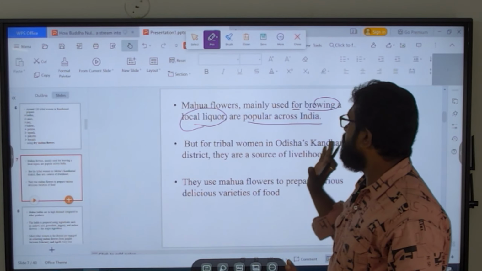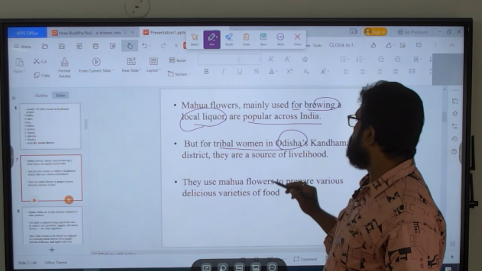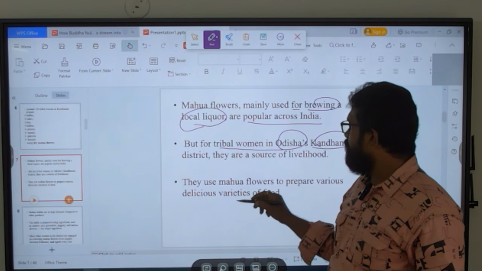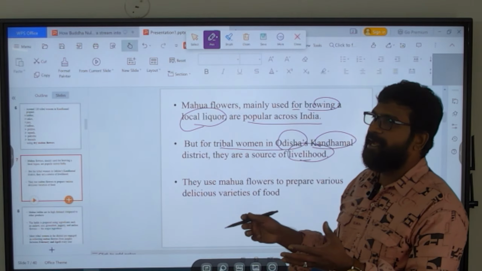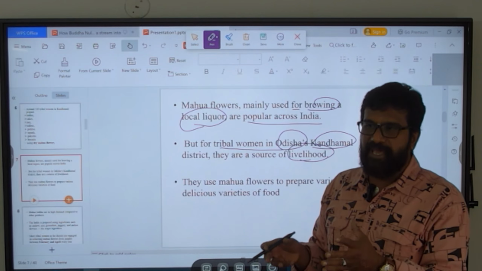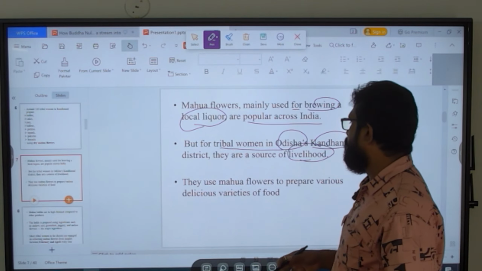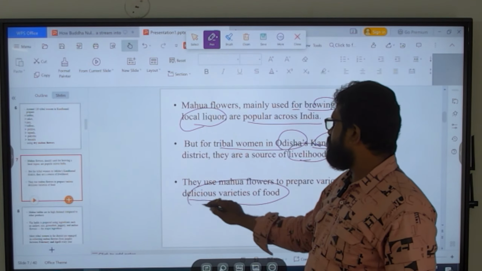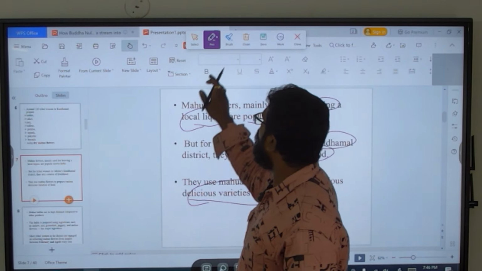But the tribal people who are living there in Odisha, especially in Kandhamal district, this is their livelihood source: they are making laddu, jam, cakes, toffees and all. So this is a delicious variety of foods they are making over there.